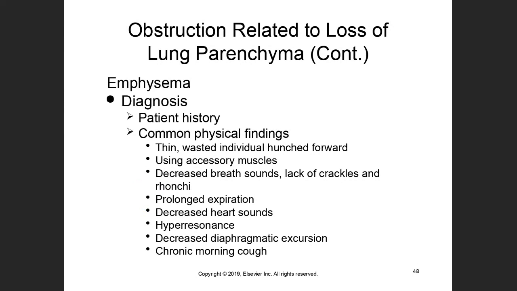Diagnosis is also due to the patient history. Common findings: the patient is thin and wasted, which is called cachexia, using accessory muscles, decreased breath sounds, prolonged expirations, decreased heart sounds, hyperresonance.